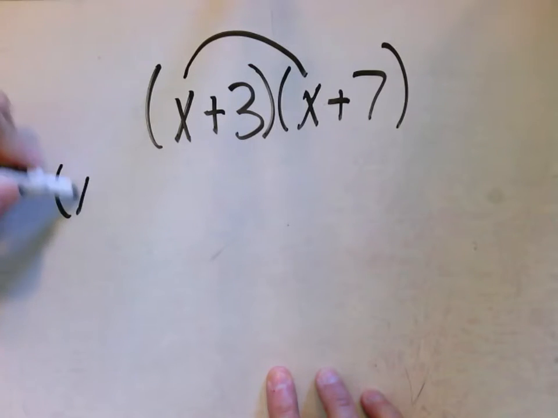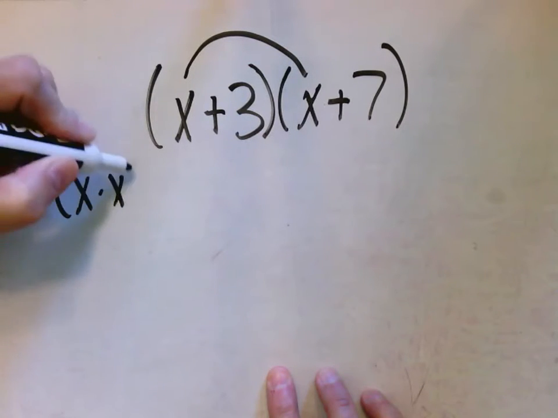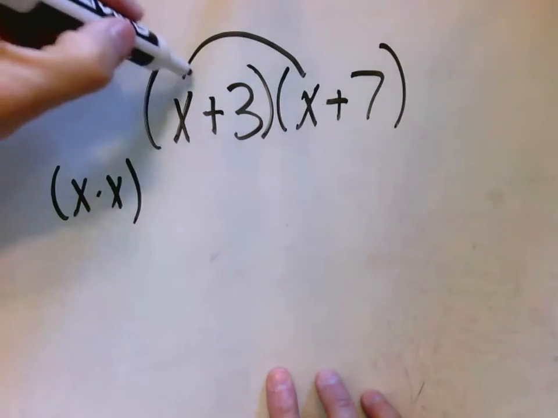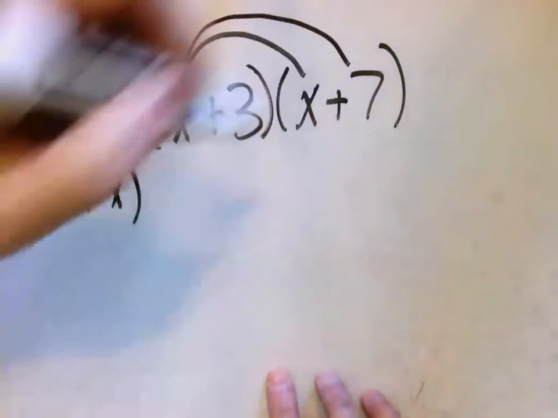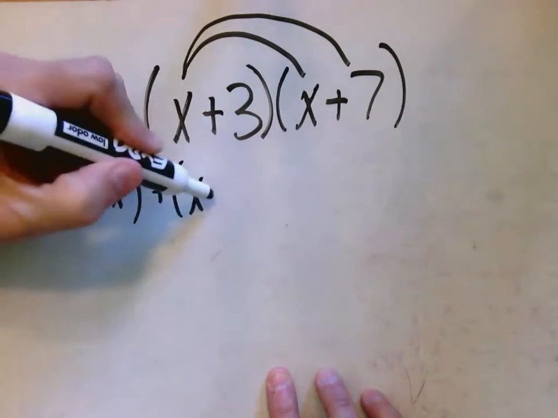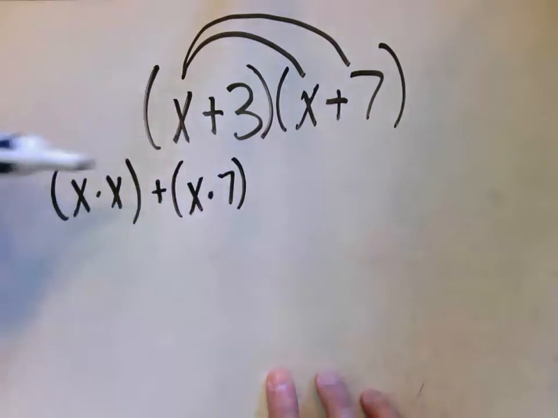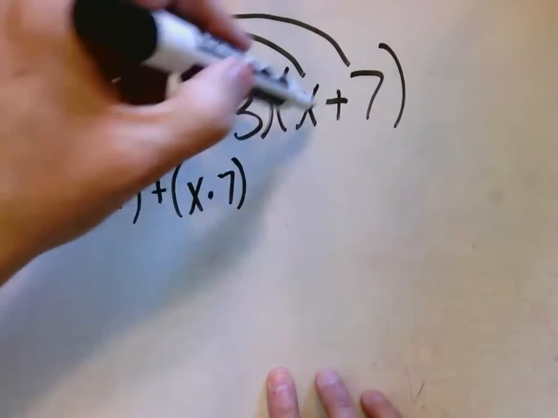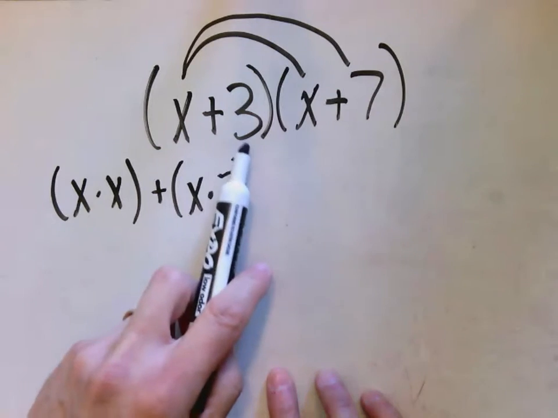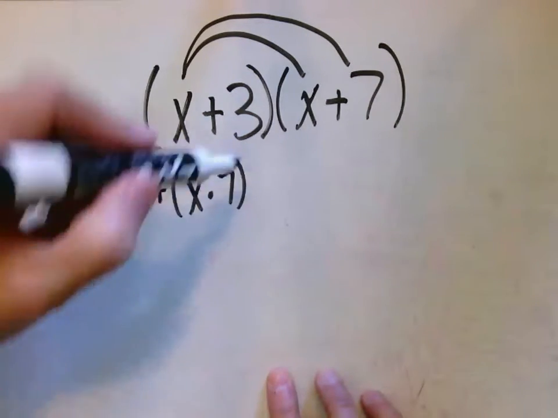So we're going to multiply x times x. We'll show you here in just a second what that looks like. Then we're also going to multiply x times 7. We're going to add that together. Okay, we've done this one times both of those numbers. Now we're going to do this one times both of those numbers.